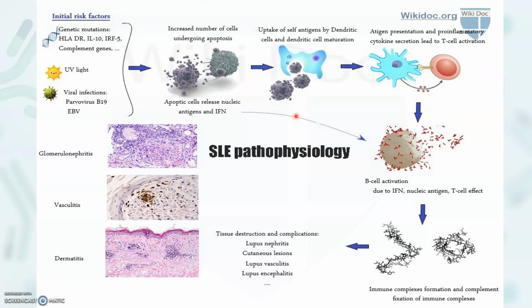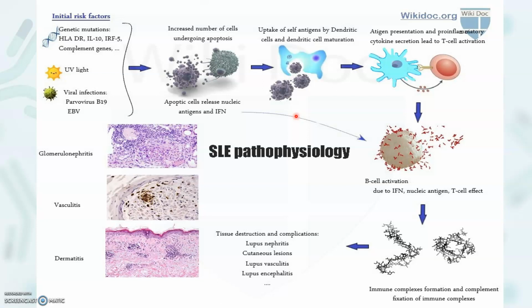The antibodies bind to the antigens within the circulation, forming immune complexes, and these immune complexes deposit themselves in highly vascular areas, particularly areas with high blood flow and high vascularity, such as the glomerulus, small blood vessels, and skin.